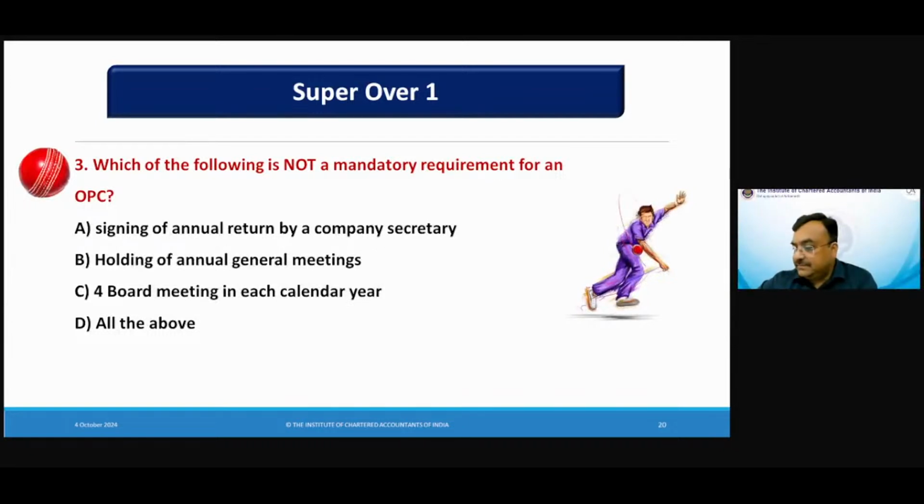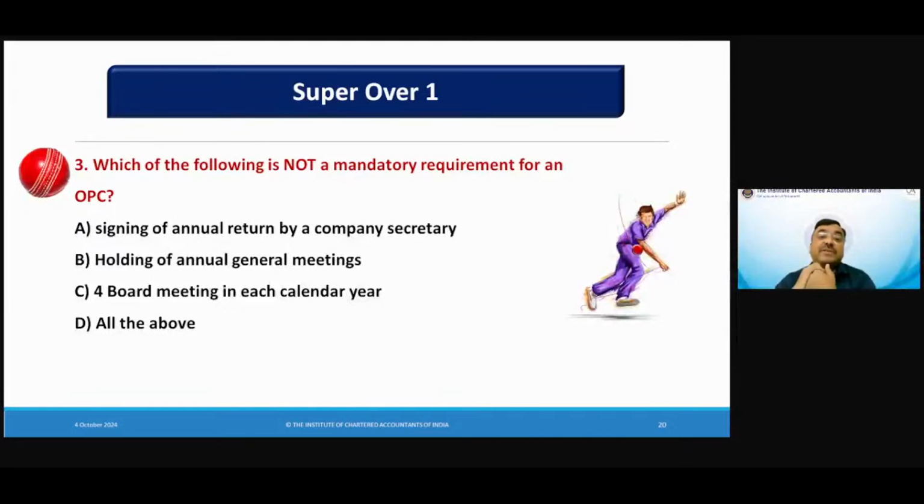Which of the following is not a mandatory requirement for an OPC? Signing of annual return by company secretary, holding of AGM, 4 board meetings in each calendar year, all the above.